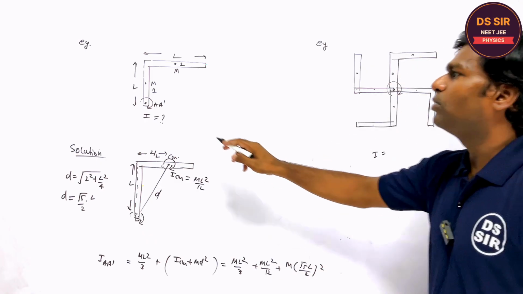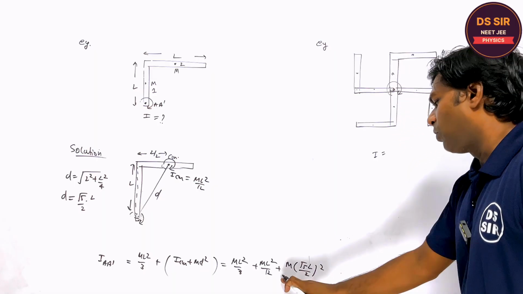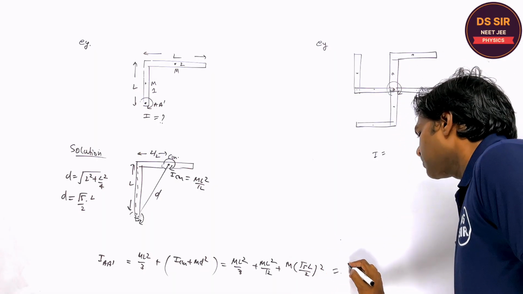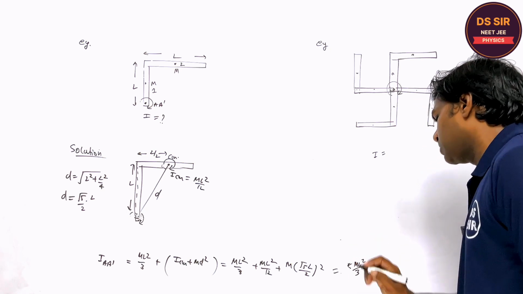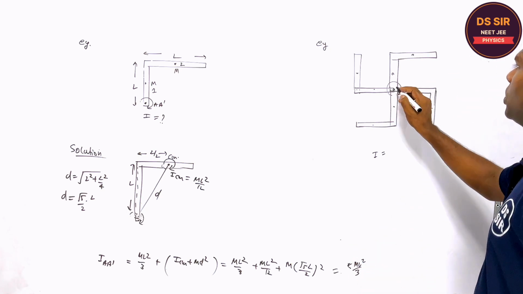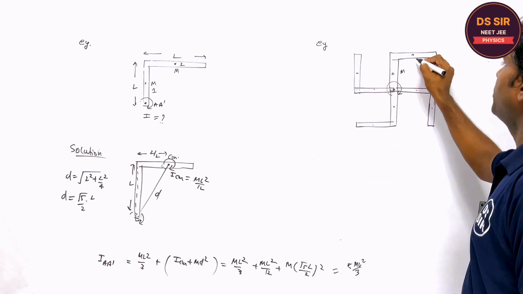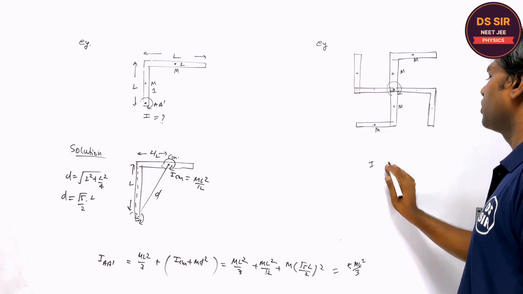Although we have found the moment of inertia for this is ml square by 3 and for this is the other, what was the total moment of inertia coming? You tell. 5 by 3 ml square. Yes, 5 by 3 ml square. So if there are 4 rods like this, each of mass m, what is the total moment of inertia?